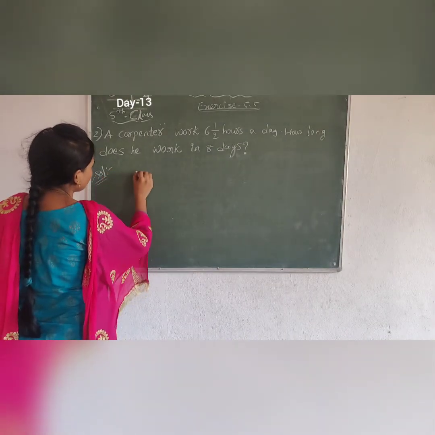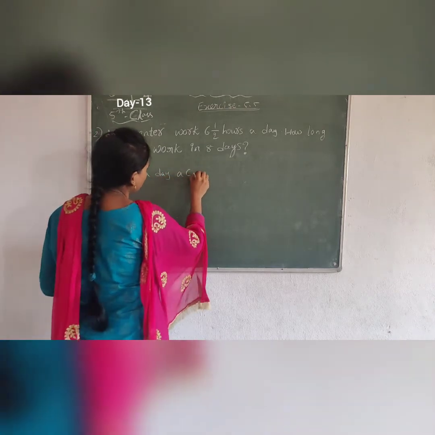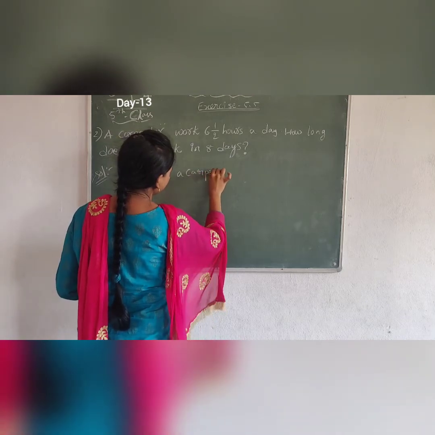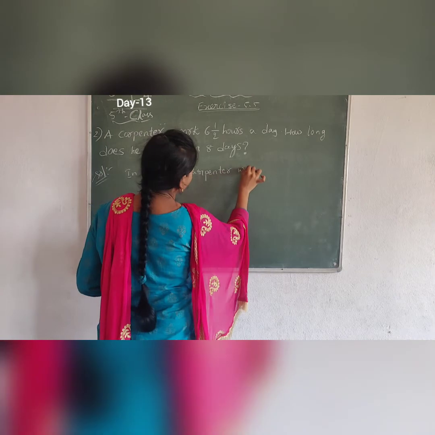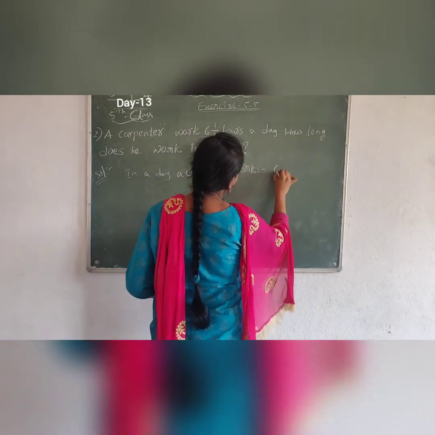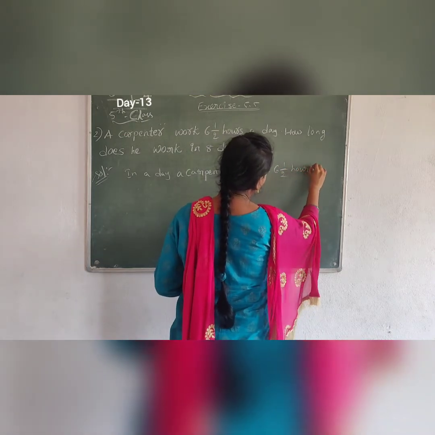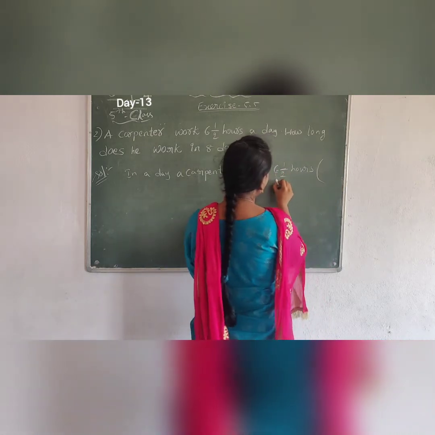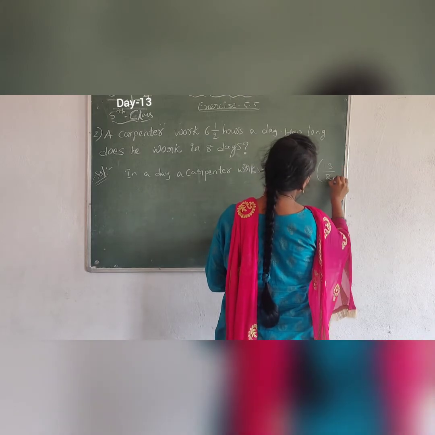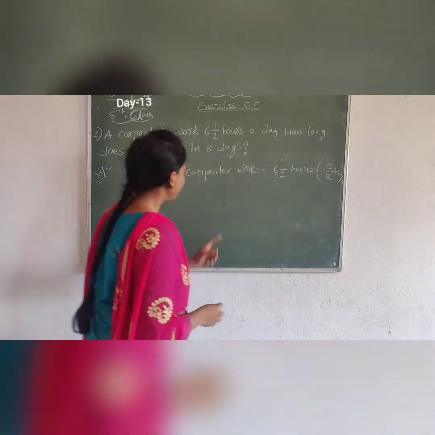In a day, a carpenter works 6 1 by 2 hours. That is 6 twos are 12, 12 plus 1 is 13 by 2. 13 by 2 hours.